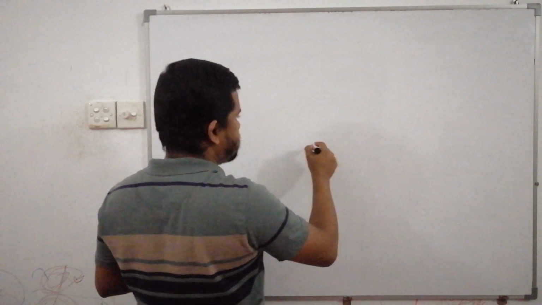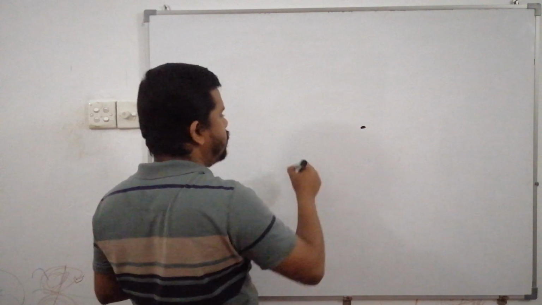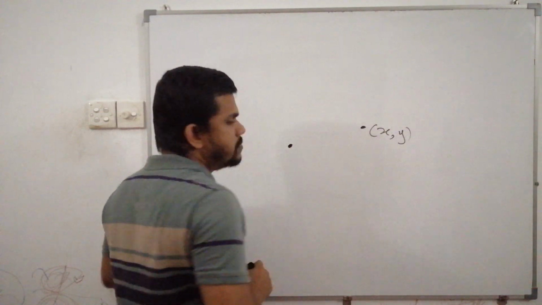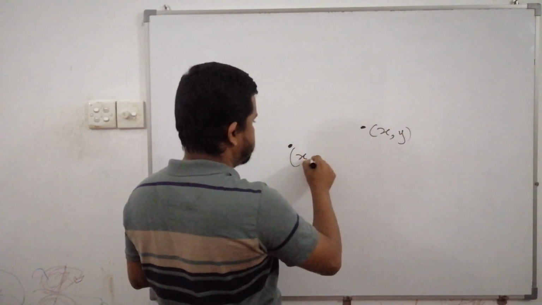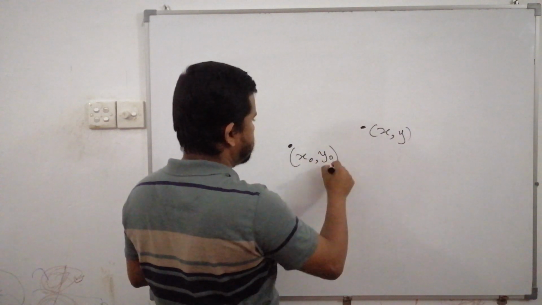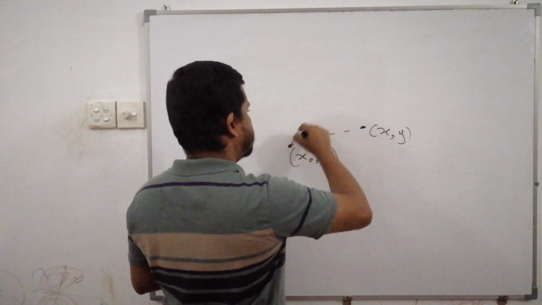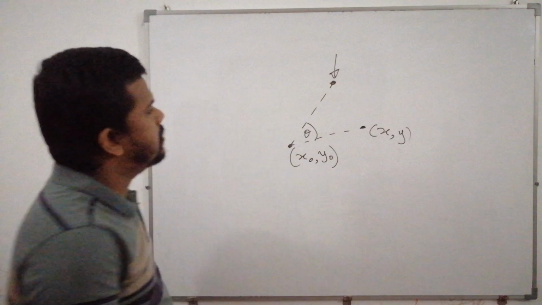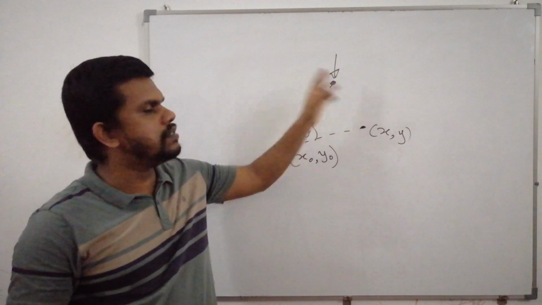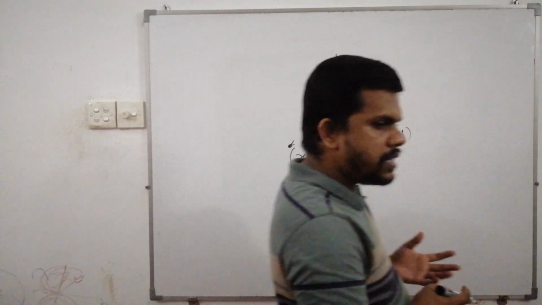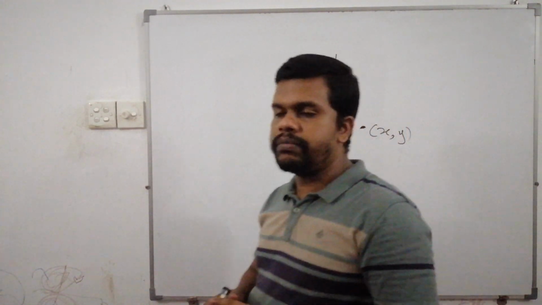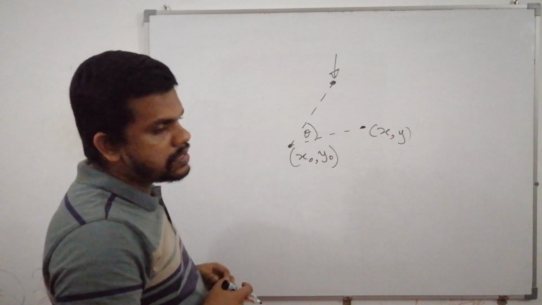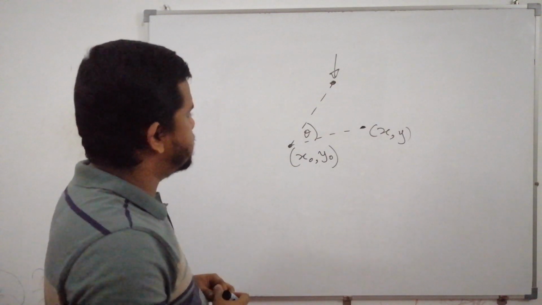That means if we want to rotate a particular point around another point, then in order to compute the coordinates of this point, we can use general pivot point rotation and that composite transformation matrix.